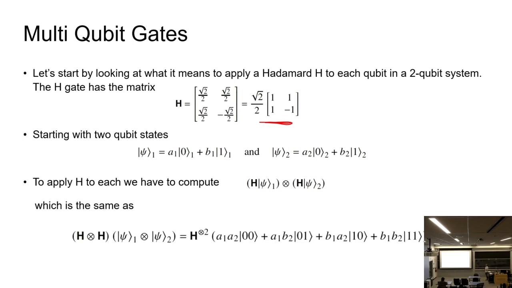And we can rewrite that in a really simple way: the tensor product of the Hadamard gates times the tensor product of the 2 quantum states.